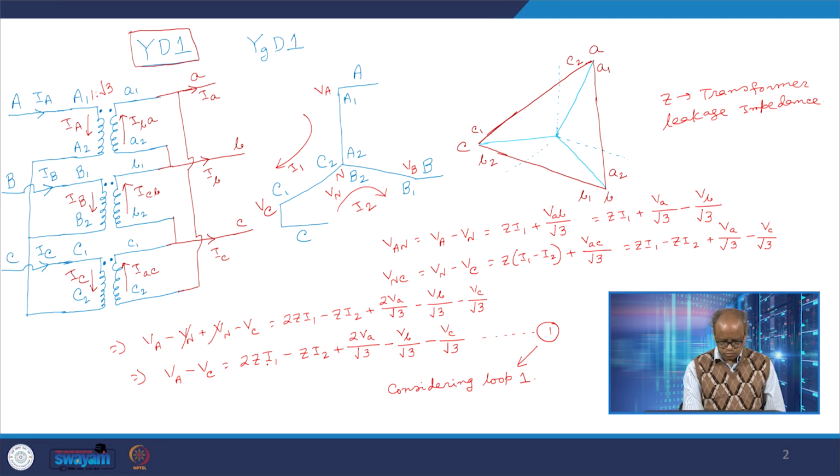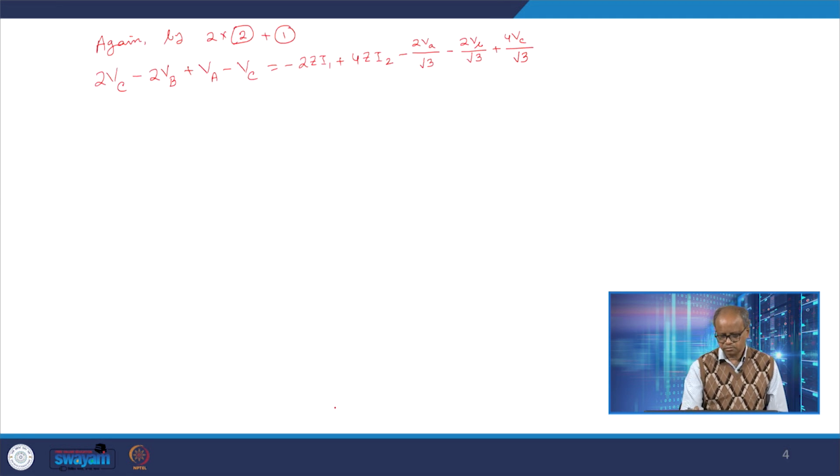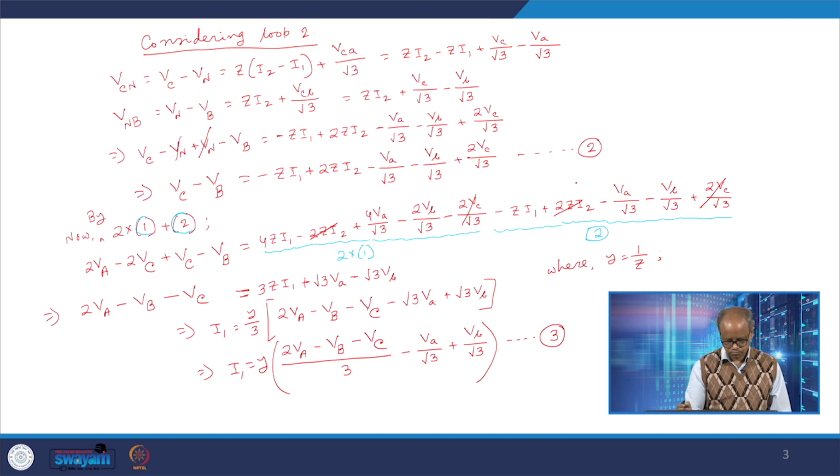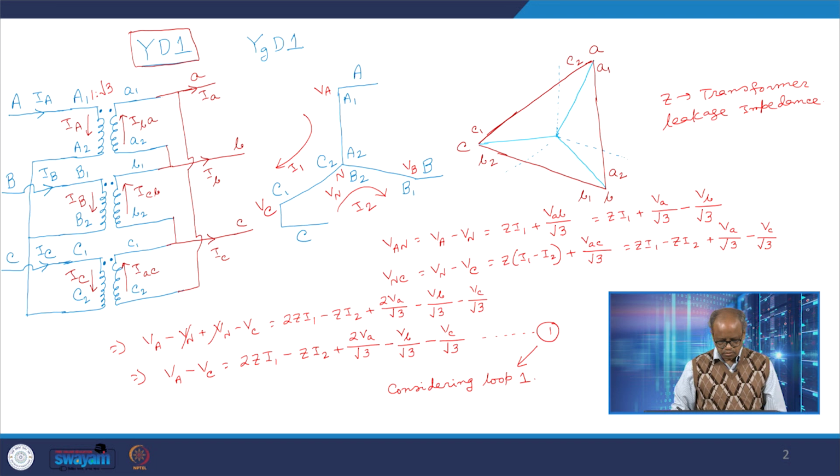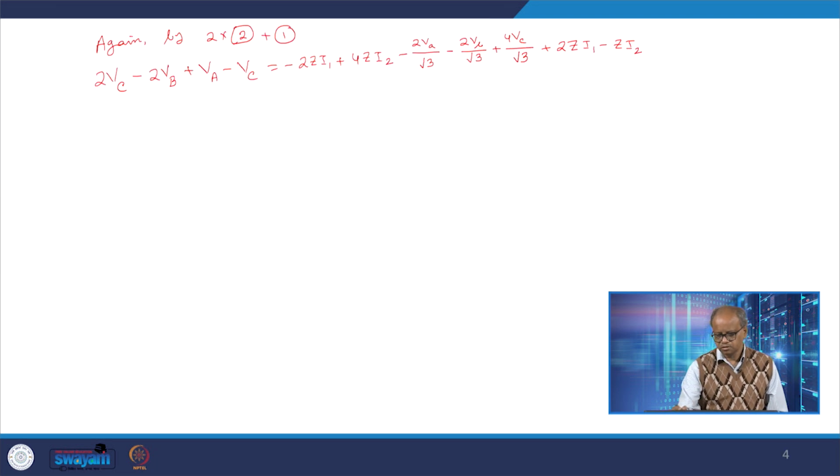So 2ZI1 minus ZI2, minus ZI2, plus 2VA by root 3 minus VB by root 3 plus 2VA by root 3 minus VB by root 3.